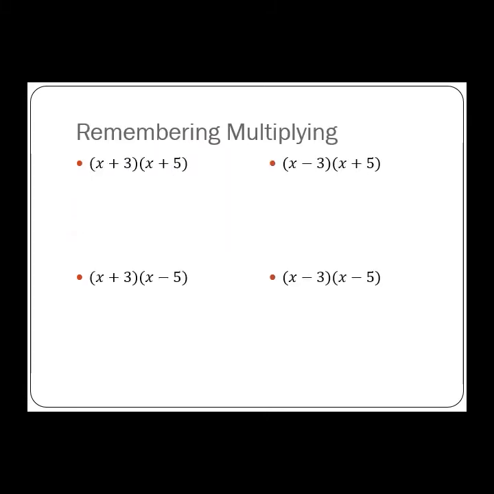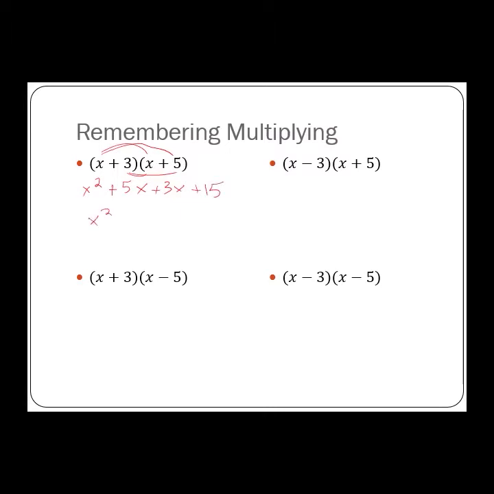So to motivate how this is going to work, we're going to start by doing multiplication. So multiplying out, you can use FOIL or grid, whatever works for you, drawing arrows. So in this case, we have x squared plus 5x plus 3x plus 15.